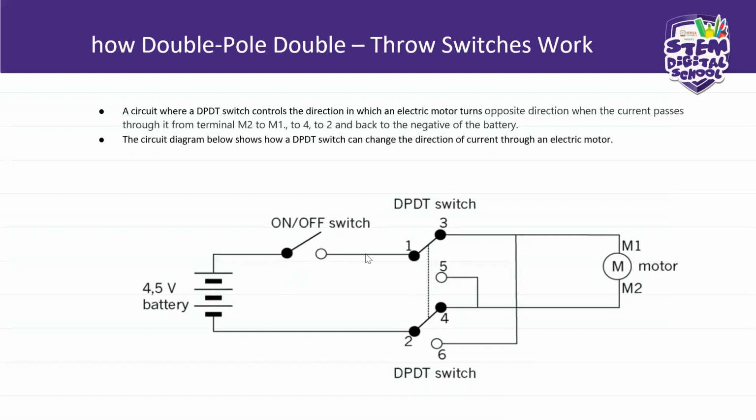So the initial switch will be this one. When the current flows here, then the automatic motor can change the direction of the current on itself to the different channels of the current in the circuit.